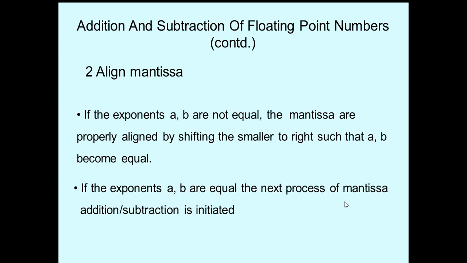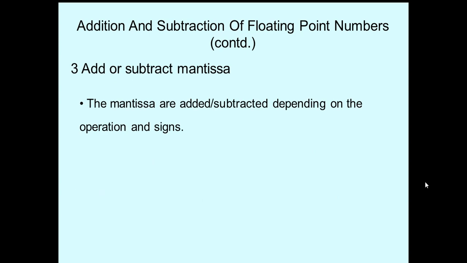So by shifting left or right we get the exponents equal. Once the exponents are equal, we initiate the addition or subtraction operation based on the sign bits, and add or subtract the mantissas. The mantissas are added or subtracted depending on the operation and signs.